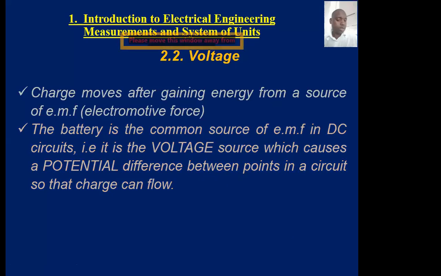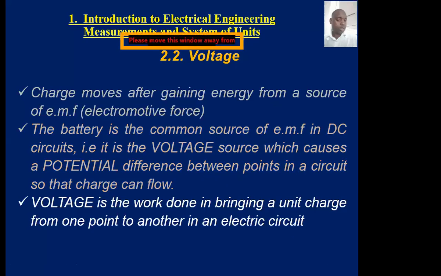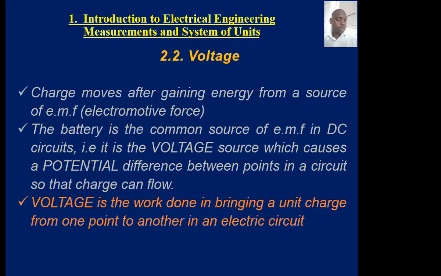So if there is no potential difference, then we don't expect current to flow because it will be like a flat plane. So now the voltage is the work done in bringing a unit charge from one point to another in a circuit. So that work which the source of EMF does to bring a unit charge from one point to another is our voltage, right?